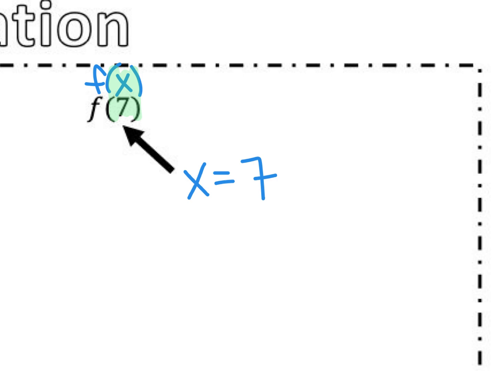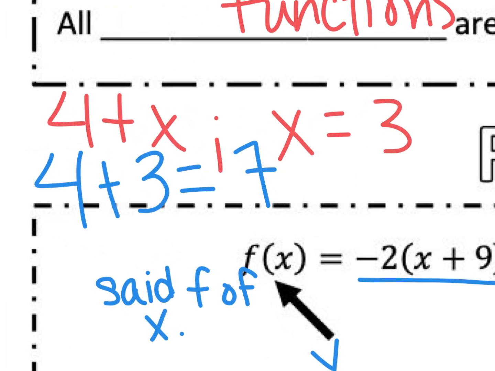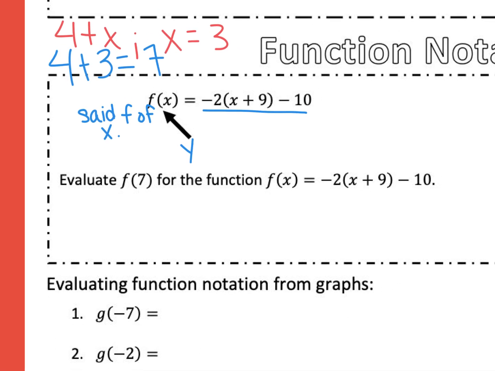So when it says f parentheses a number, or g parentheses a number, or whatever letter parentheses a number, the number in the parentheses is what you're putting in place of x. That's just a really fancy way of doing what we did in middle school, okay? Because it's algebra, and let's make it complicated.